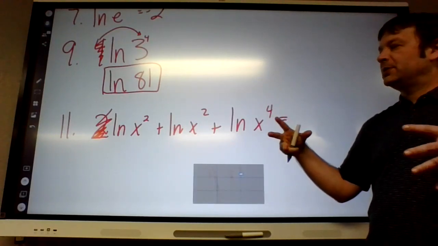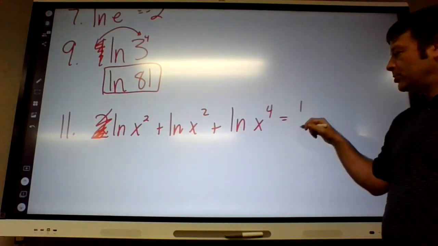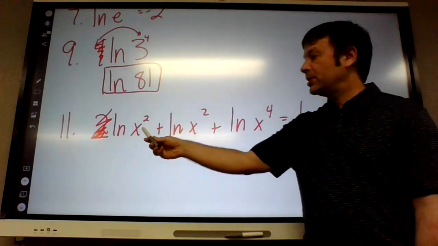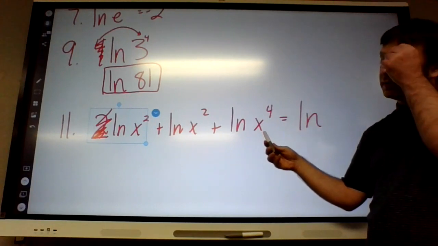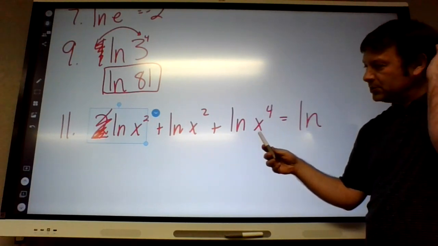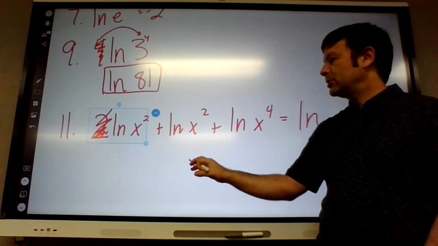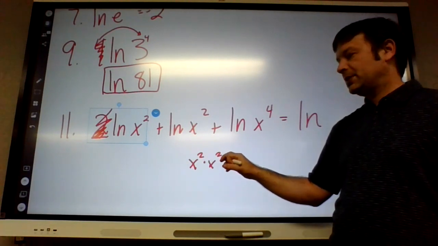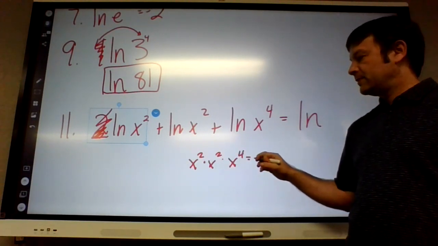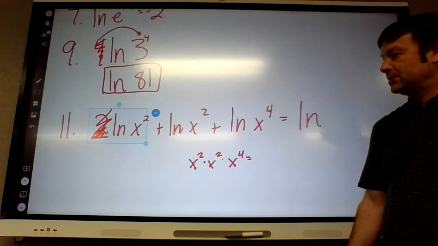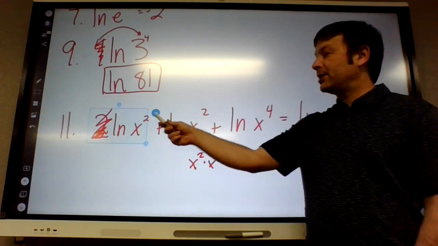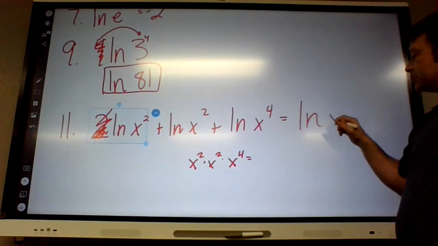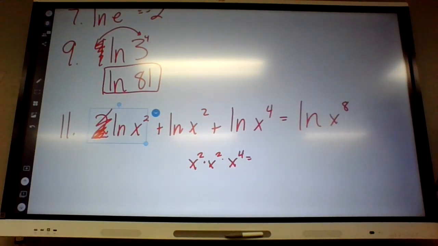When we add logs together, we're multiplying those numbers. So what's x squared times x squared times x to the 4th? What is x squared times x squared? X to the 4th. Remember when you multiply, you're adding the exponents, right? So this would just be natural log of x to the 8.